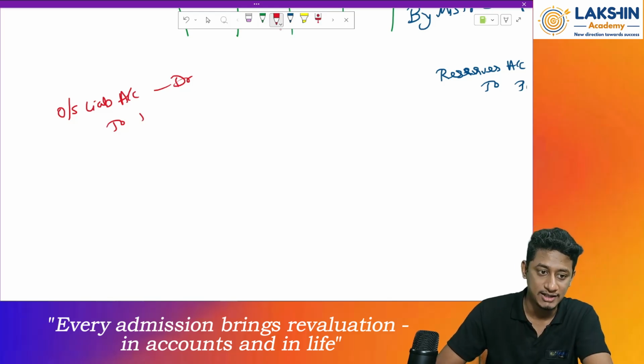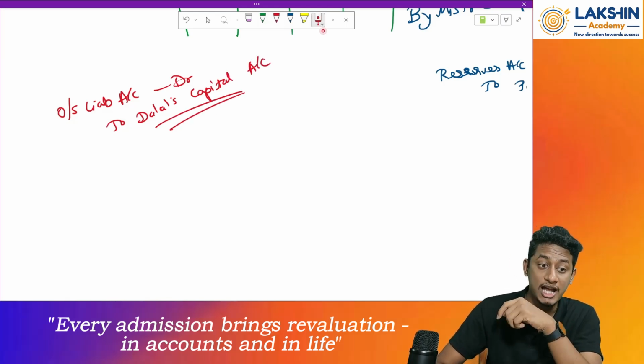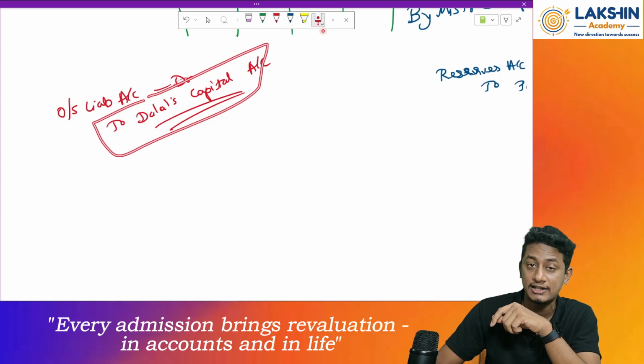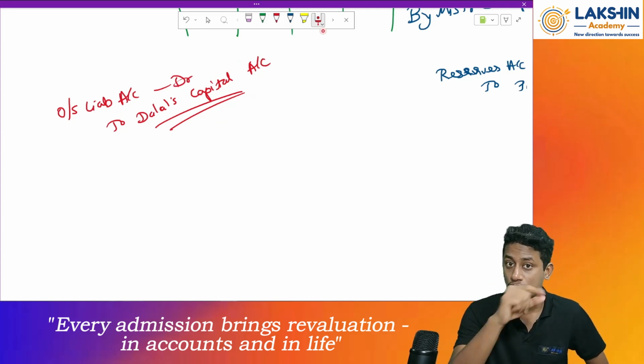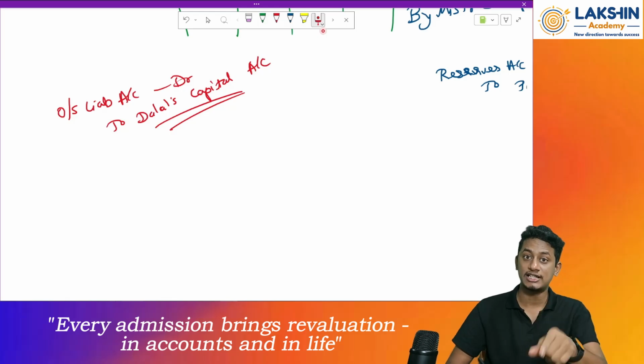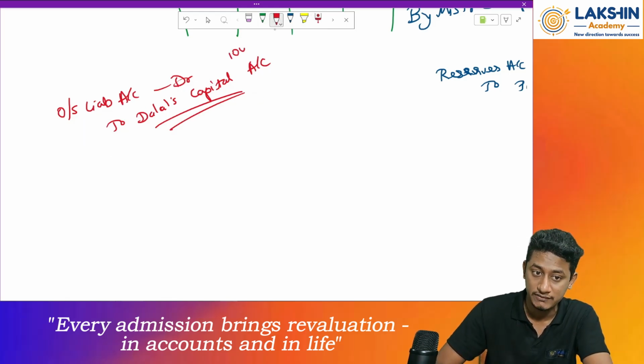What will you pass it as? I will pass the entry as Dalal's capital account. Why? Because I am showing that his balance has been increased. Dalal has paid it from his own pocket, which he should not do. So to compensate him for that, what will I do? I will increase his capital balance by rupees 1,000 only.